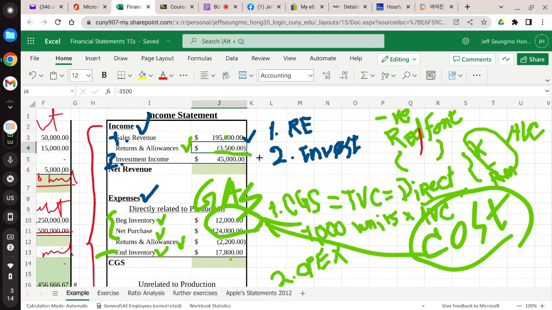Then what is an allowance? An allowance is a discount. To put it in simple terms, it's a discount. But why don't they just call it a discount? Well, there's a difference.